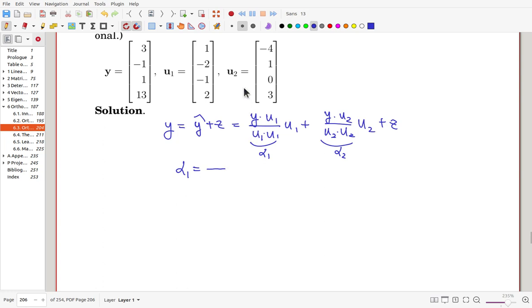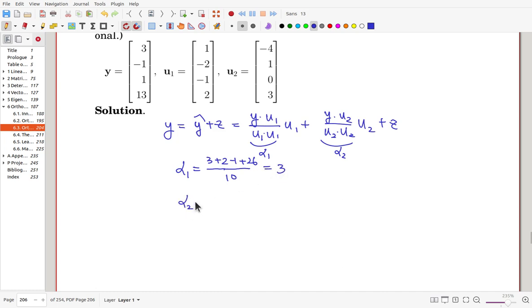Alpha 1 is y dot u1. It's a little bit complicated, so let's write it: 3 plus 2 minus 1, and that is 26. And u1 dot u1 is 1 plus 4 plus 1 plus 4, so that is 10. The top is 30, so it is 3.